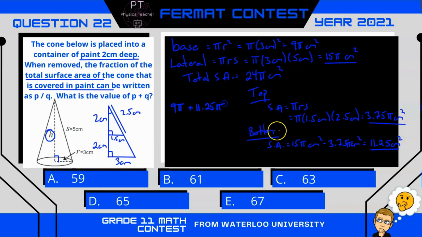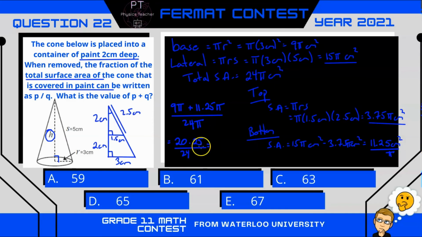Forgot my pi here. Divided by the total surface area, which is 24 pi. Your pi's are going to cancel, and we're left with 20.25 over 24.